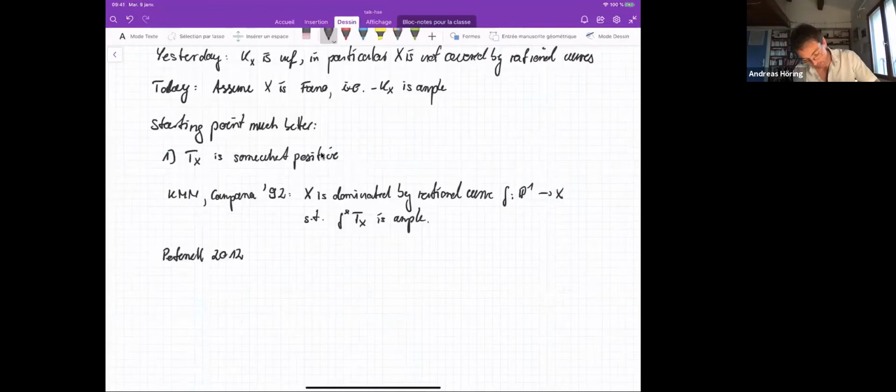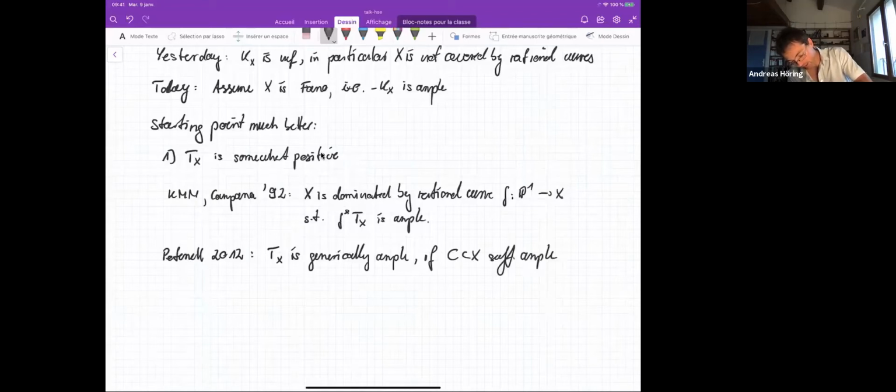Peternell proved that T_X is always generically ample, which means that if I take C in X a sufficiently ample complete intersection curve, then T_X restricted to C is ample.